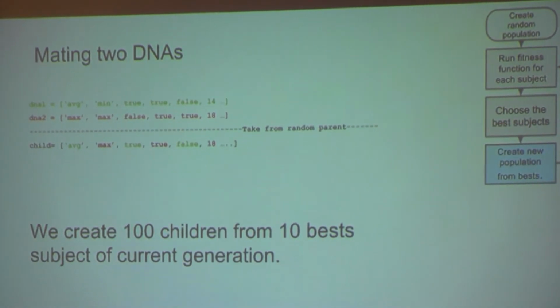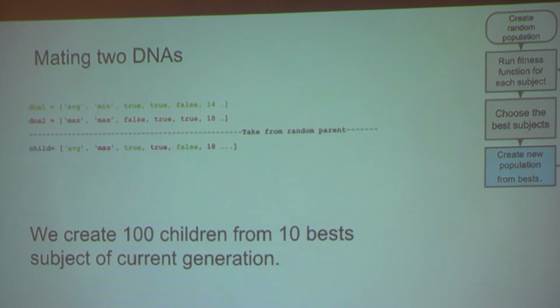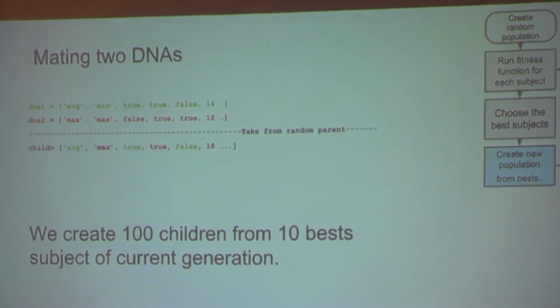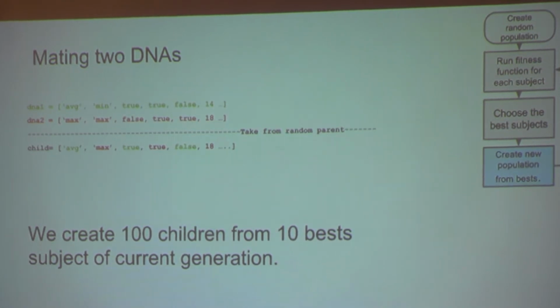Why did you decide to take just the 10 best results? Well, by trial and error. Because you can lose a lot of diversity if you take just the best.